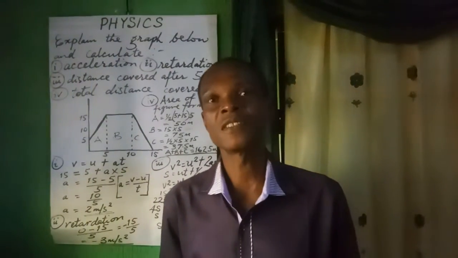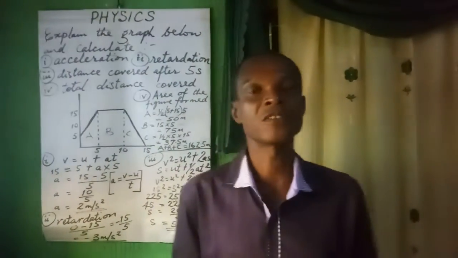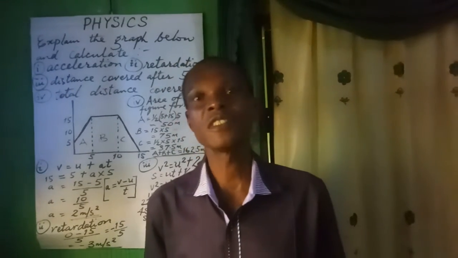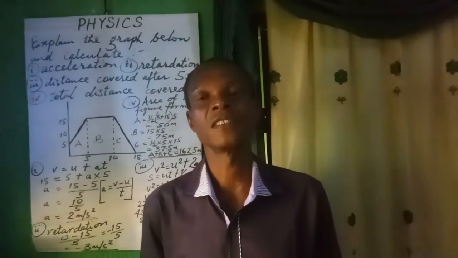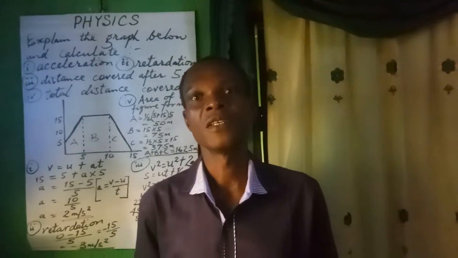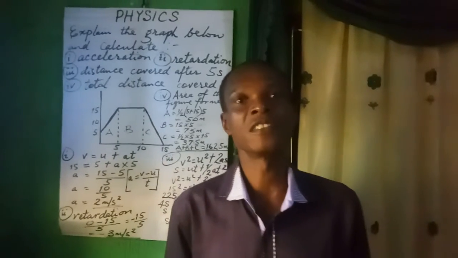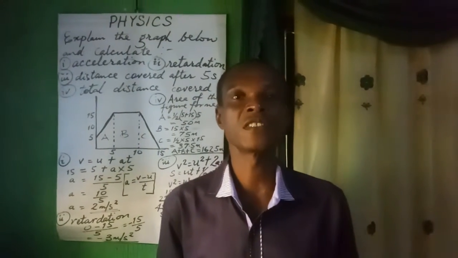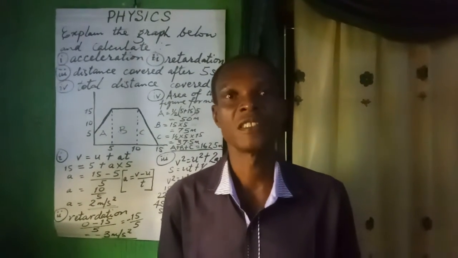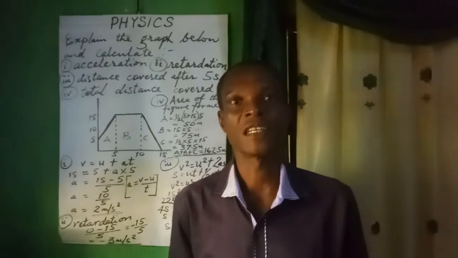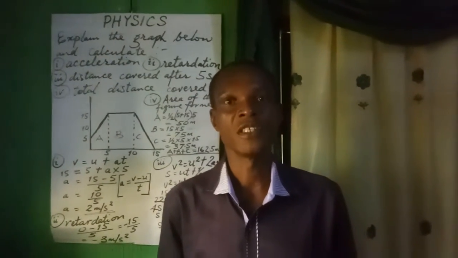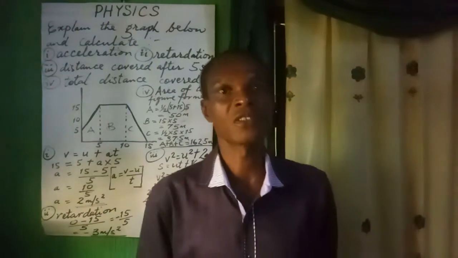Physics can also be said to be a branch of science which deals with measurements. All of this put together, it is important to note that physics has two major branches: mechanics and fields. That is just an introduction.